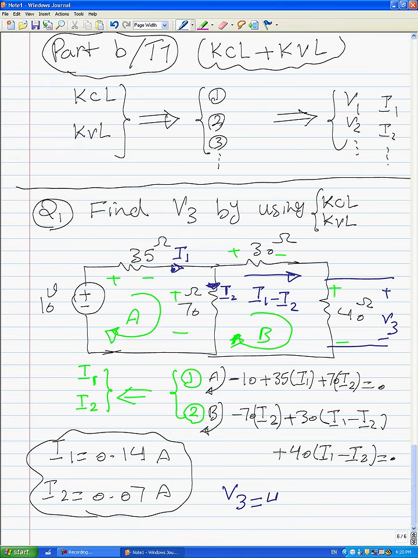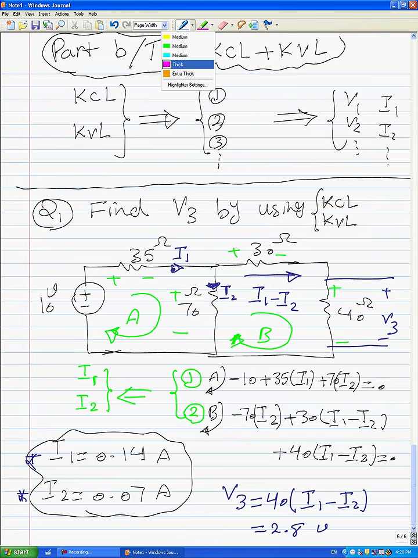V3 is equal to 40 times (I1 minus I2), and the final answer is equal to 2.8 volts, because we have I1 and I2 here, and we can find V3. This is the final answer for V2. This is the final answer for I1. This is the final answer for I2.